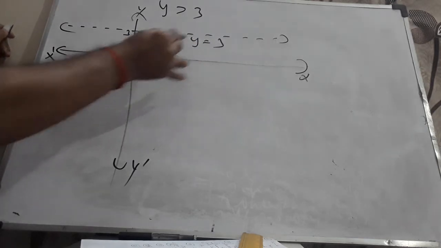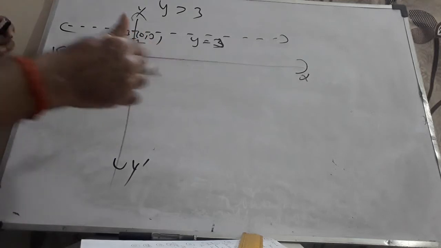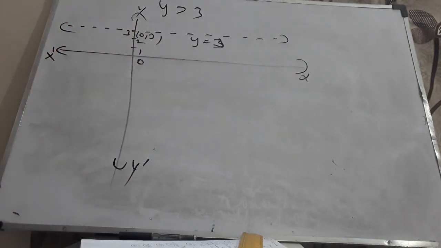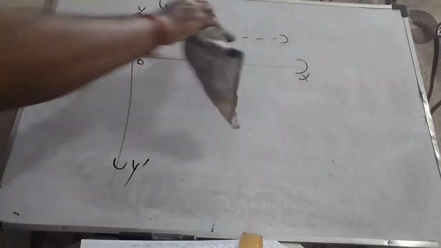See here, (0, 0) does not satisfy, as 0 greater than 3 is meaningless.